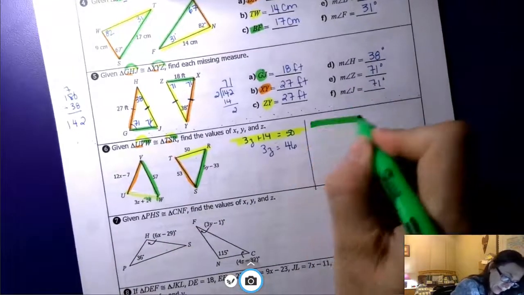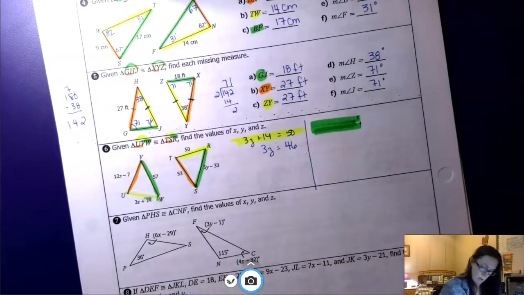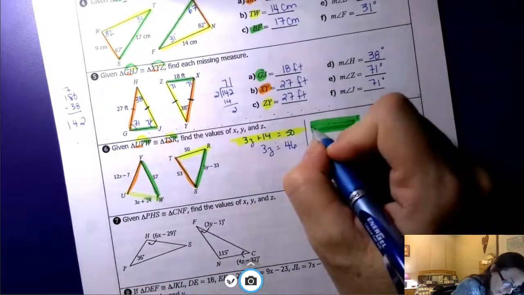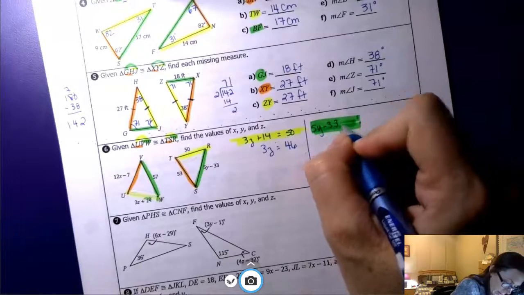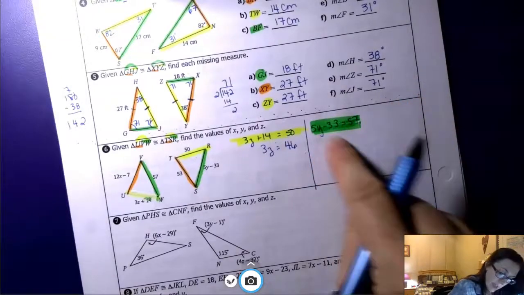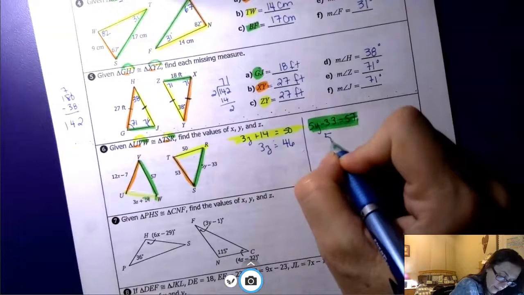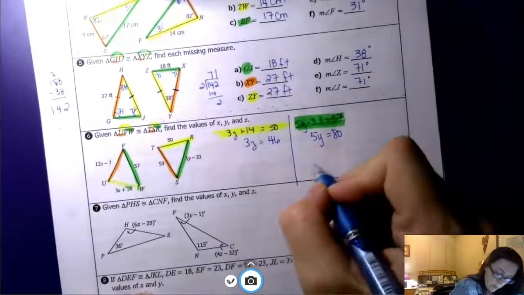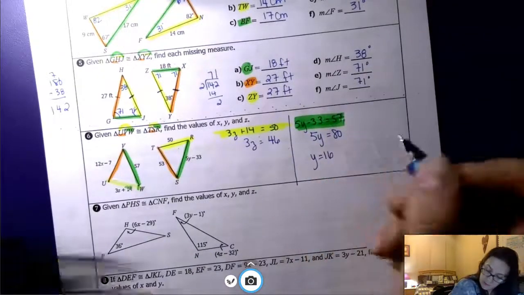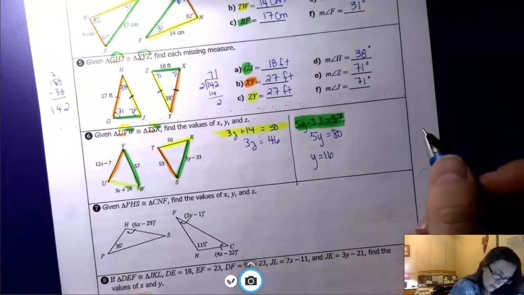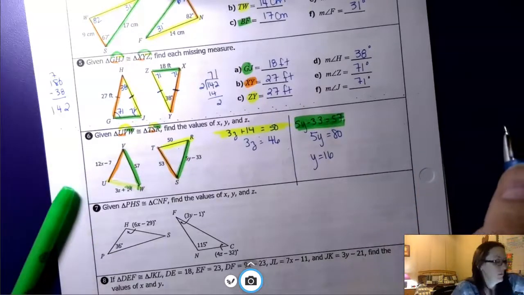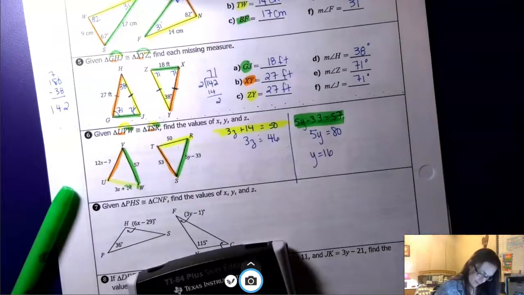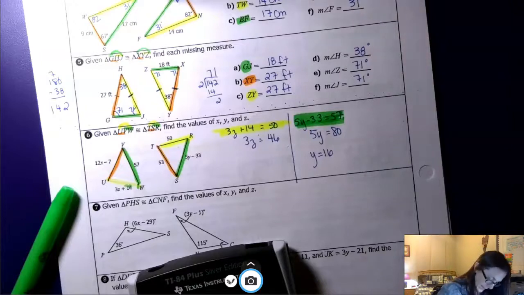Okay, so let's do the green. The green here is going to be 5y minus 33 equals 57. So I add 33, I end up with 5y equals 80, and when I divide that by 5, I end up with y equals 16. So that one works. These answers are wrong. 57 plus 33, 90.